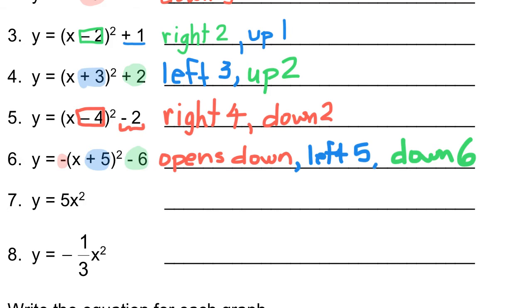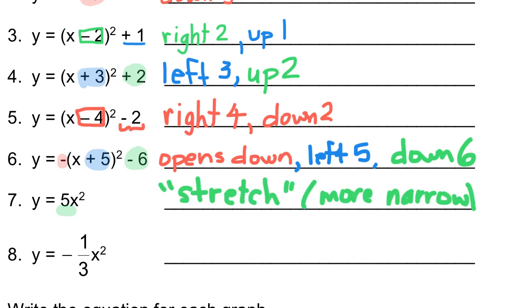Number 7 and 8 have numeric coefficients other than 1 or negative 1. So let's look at number 7 in comparison to the quadratic parent function. Since the coefficient is a number that's greater than 1, this means that the function will stretch or will become more narrow.